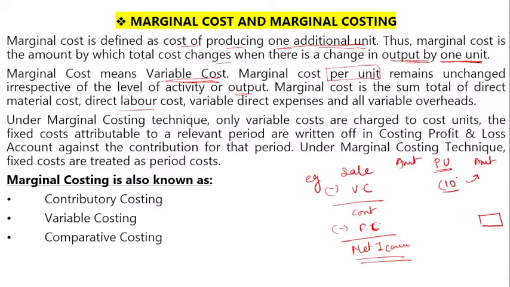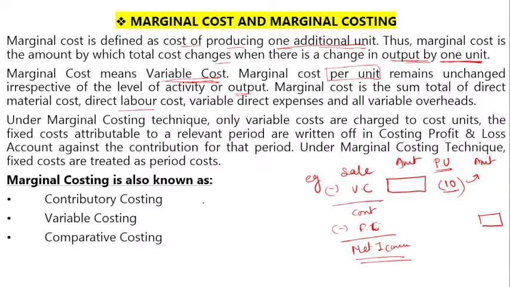When the company wants to calculate its variable cost, you can see the changes in the total amount, not in the per unit cost.